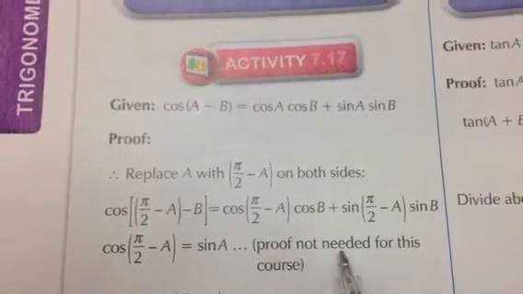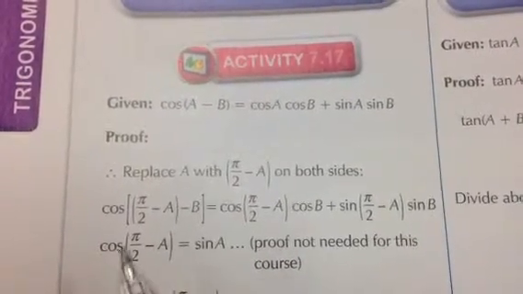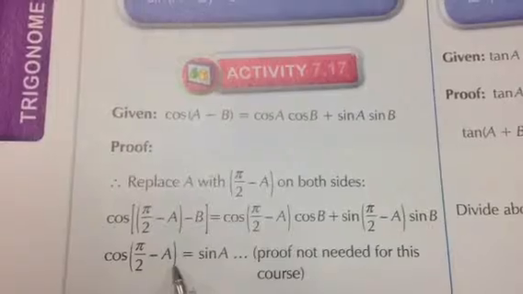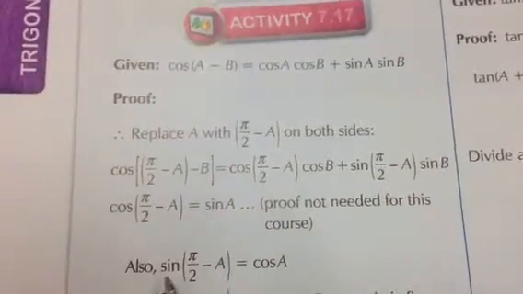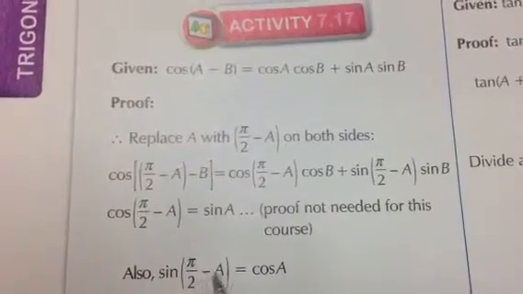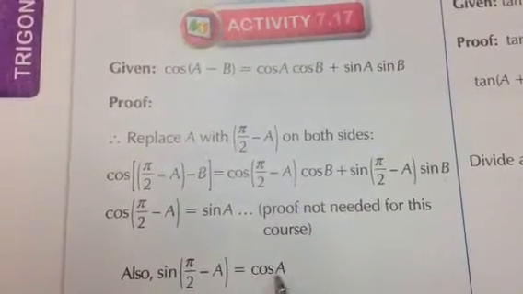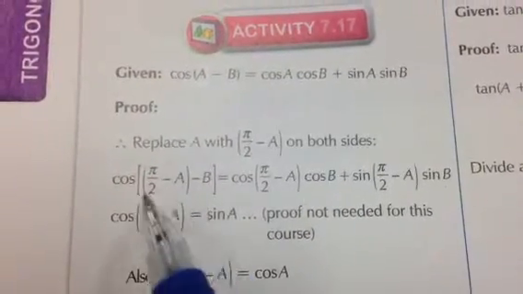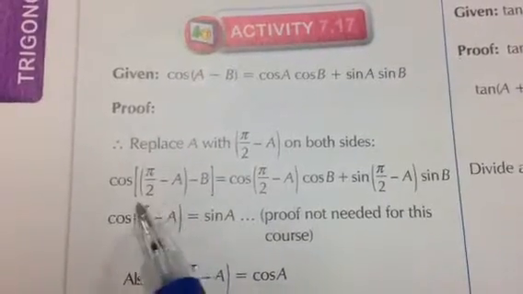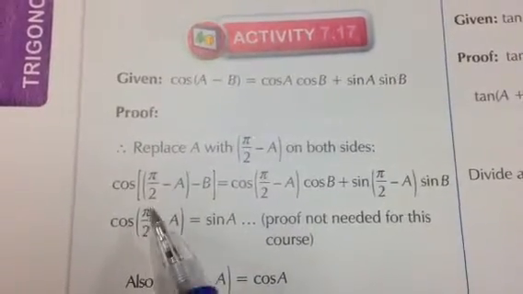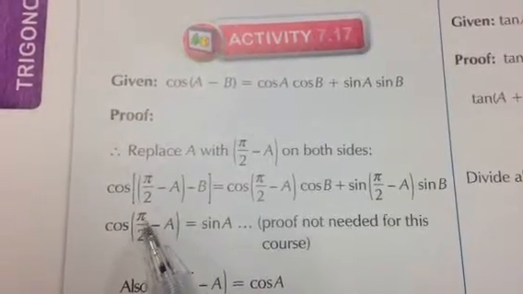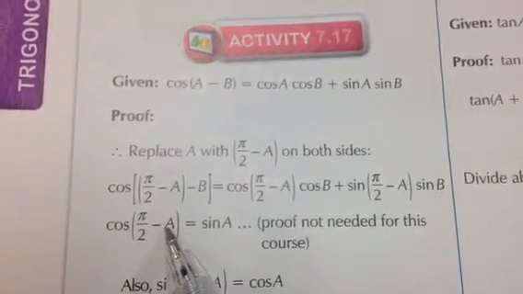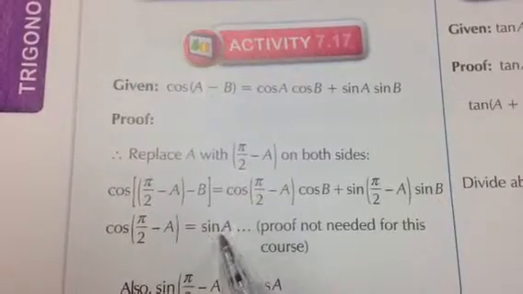Now, the proof that the cos of pi over 2 minus a is equal to sine a, and that the sine of pi over 2 minus a is equal to cos a, is not needed for your course. You could actually check this out for yourself with numbers. You could put in the cos of 90 minus 30 is equal to the sine of 30.